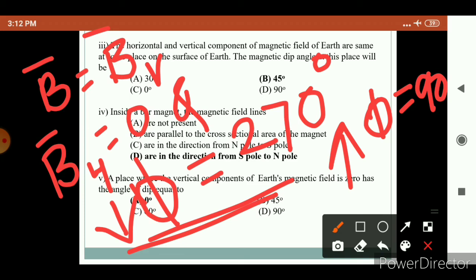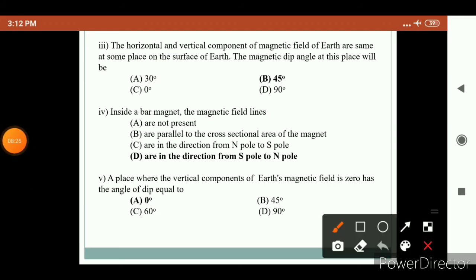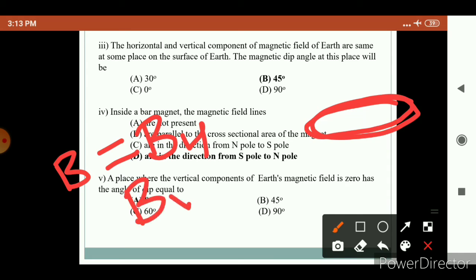In the third case, anywhere on the magnetic great circle, the magnetic equator, that is the circle which contains the magnetic equator, B is equal to BH, and along south to north, so BV becomes 0.